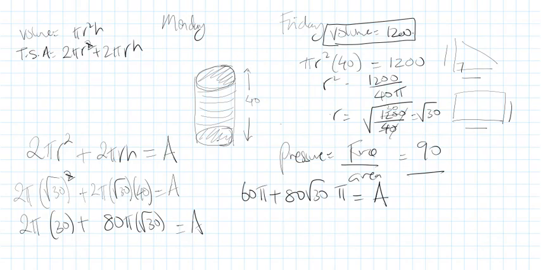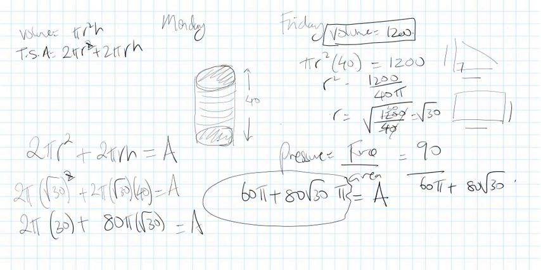This is equal to A. So this is the area, okay? Now I'm going to keep that in its raw format. If you want, you can use your calculator to simplify it. So the pressure will be the force, which is 90, divided by that area, which is 60 pi plus 80 root of 30 pi. There you go.